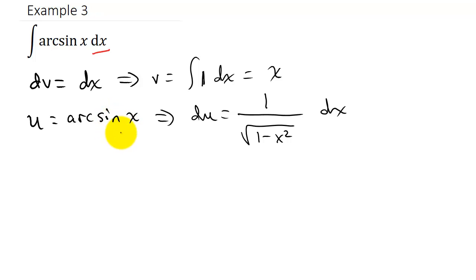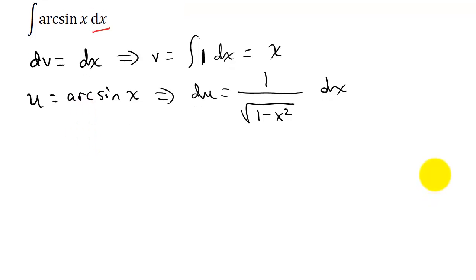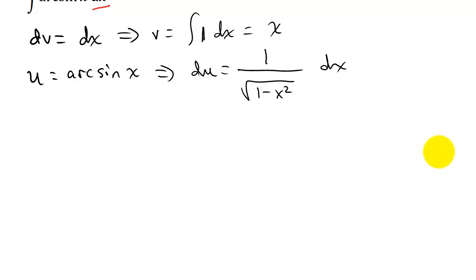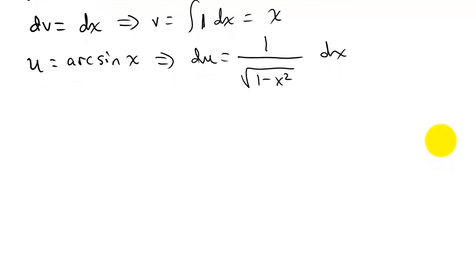They'll be in that chapter with the inverse trig functions when you're taking the derivative. Alright, so now we can do integration by parts. So let's just go ahead and write the formula down. That's the integral u dv is equal to uv minus the integral v du.